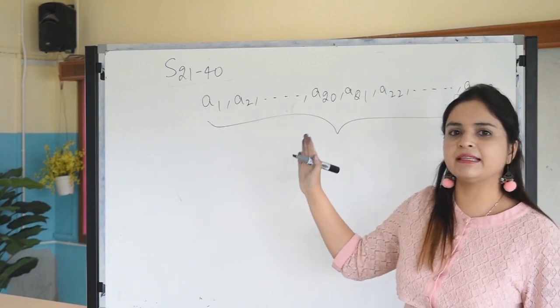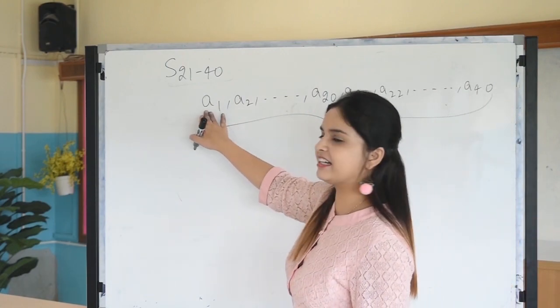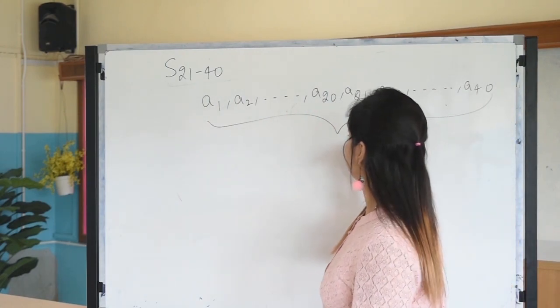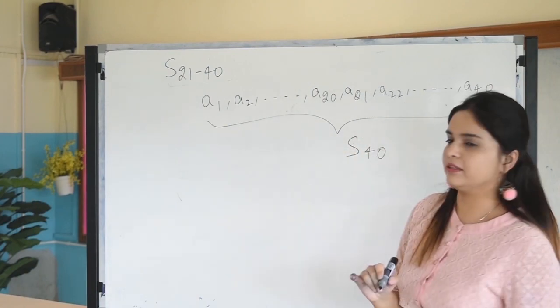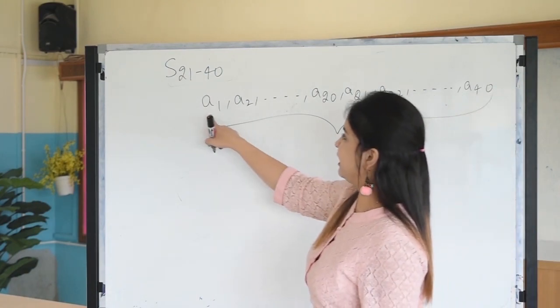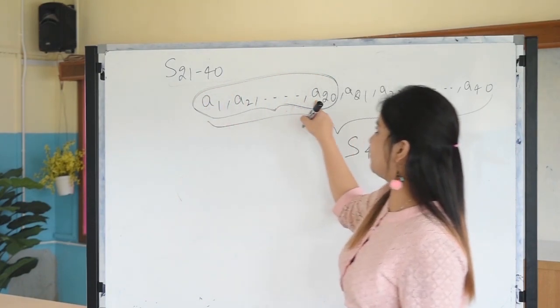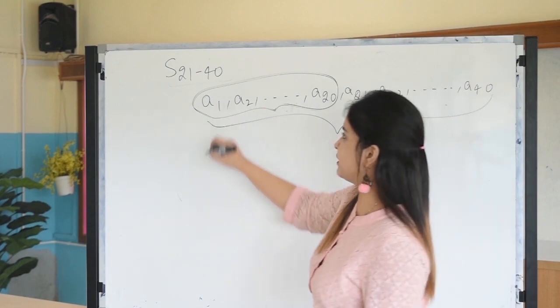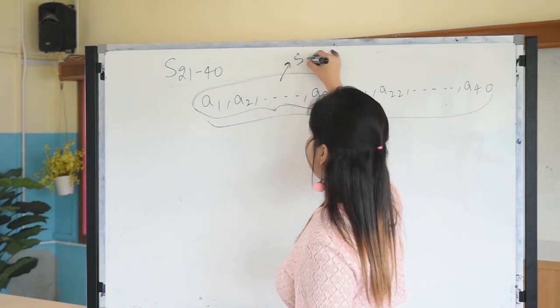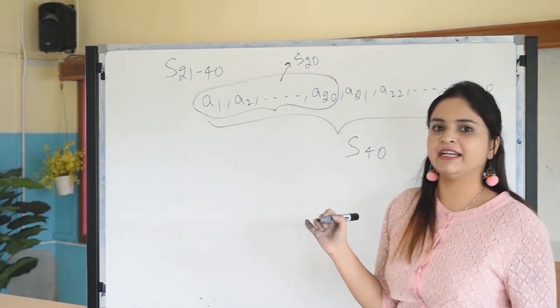So if I find the sum of these 40 terms starting from the first term, I will get S40, right? Now if I want to find the sum of the first 20 terms starting from the first term, I will get S20, right?